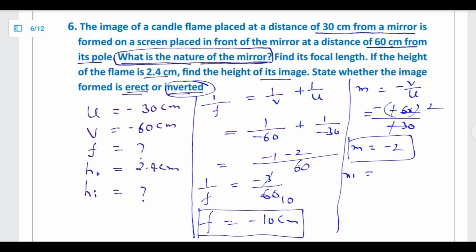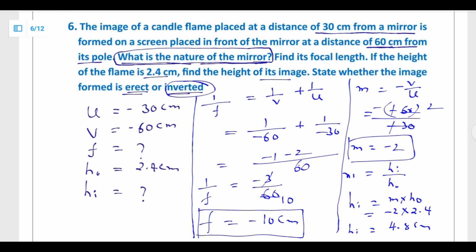M equals to, we can also write hi by h naught. You are asked to find the hi. Hi is equal to m into h naught. M equals to minus 2, h naught equals to 2.4. Simply, hi will be 4.8 centimeters.